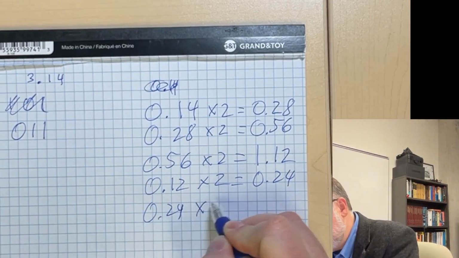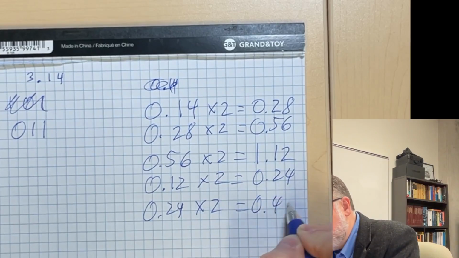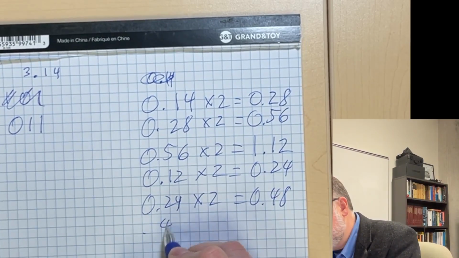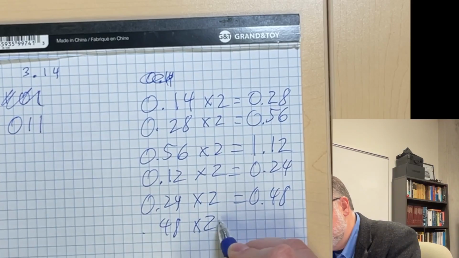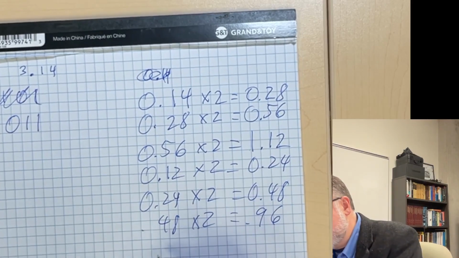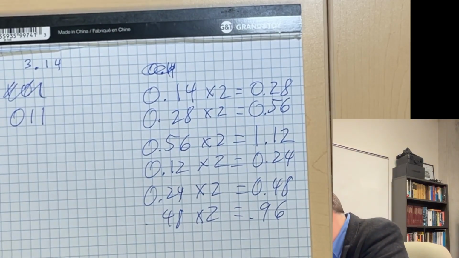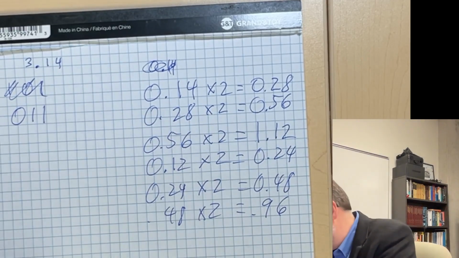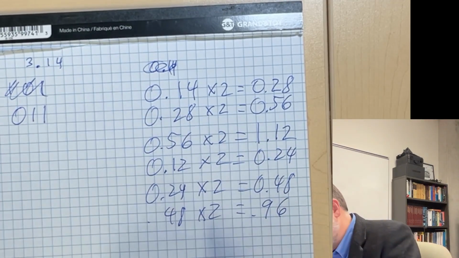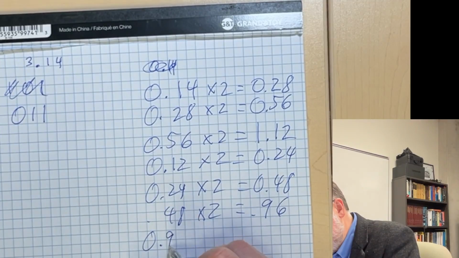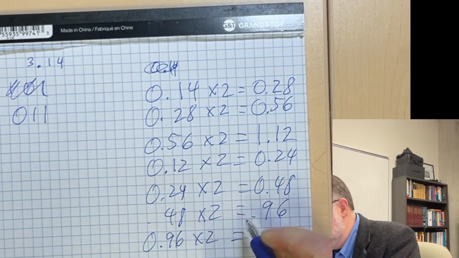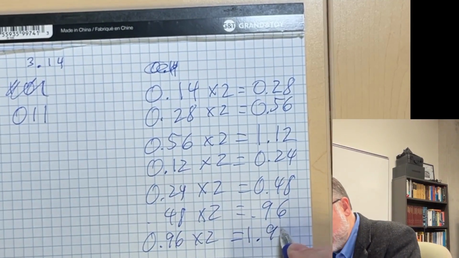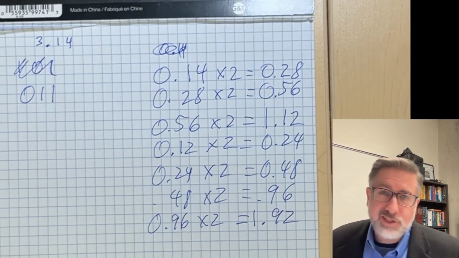0.24 times 2 is 0.48. 0.48 times 2 is 0.96. Now this one is probably going to give us a number that's bigger than 1. 0.96 times 2 is 1.92. And we can just keep going and going.